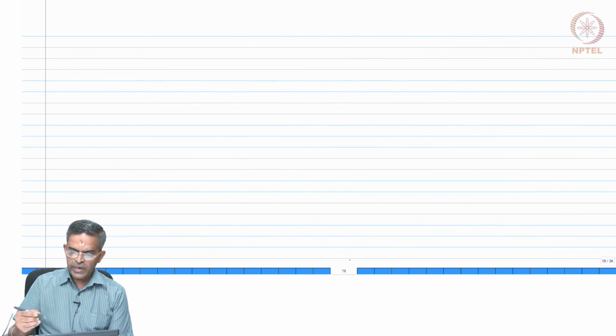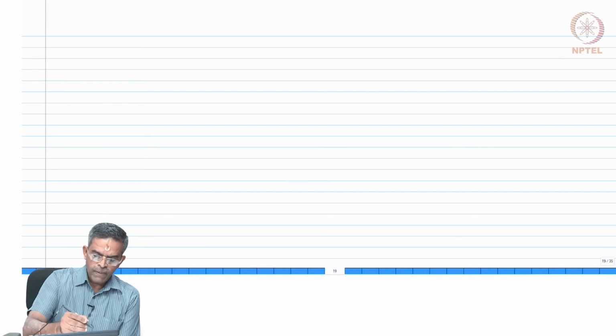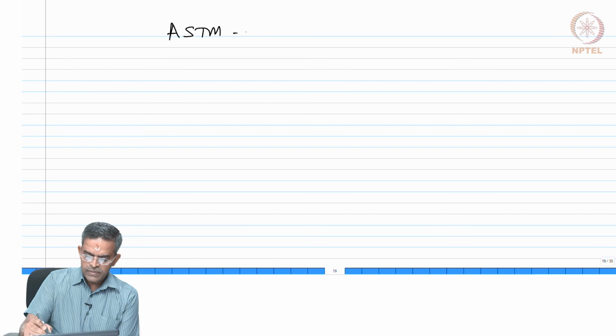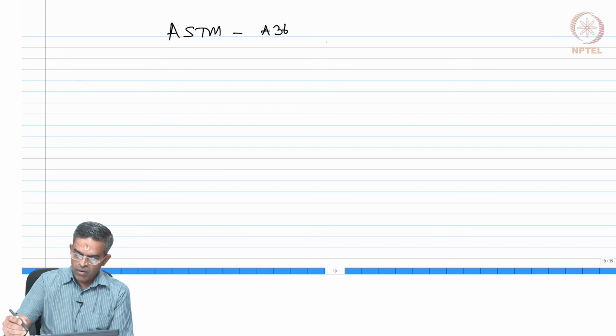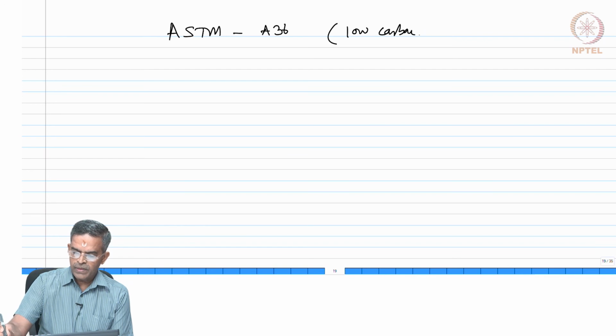Let us take one more grade of steel which is specified by ASTM A36. They call this low carbon steel. It is also referred to as mild steel.